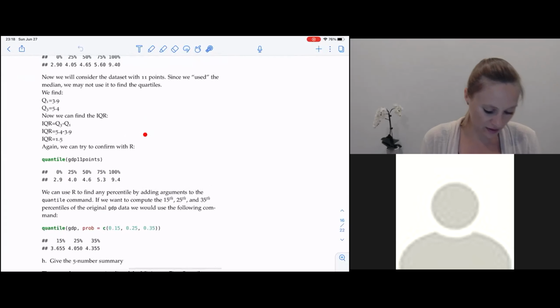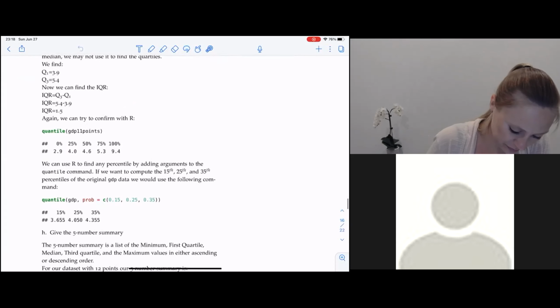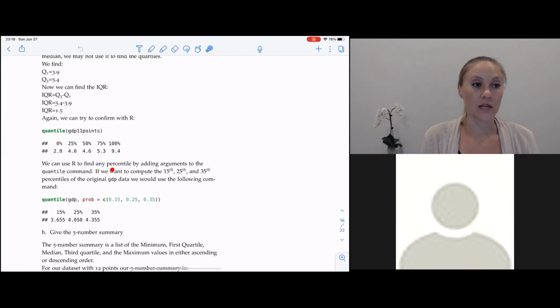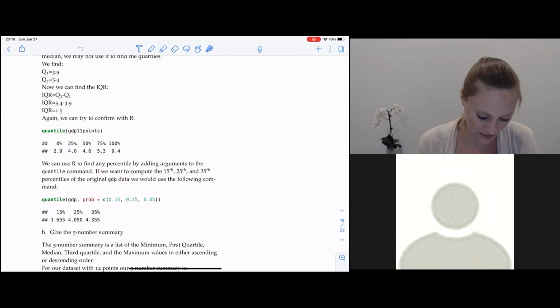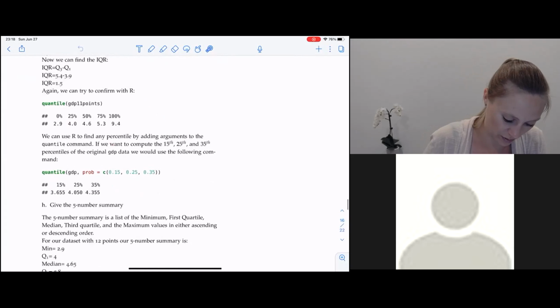So we found the quartiles, also the quantiles, kind of the same. You can use R to find any percentile by adding it to the quantile command. Anything you need to do is possible, but we'll parking lot that for now.